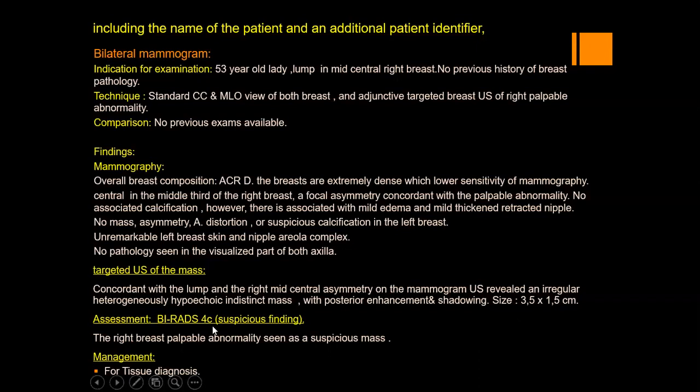So assessment is BI-RADS 4C, suspicious findings: the right palpable abnormality seen as a suspicious mass. Management: tissue diagnosis. Okay, this should be the report.